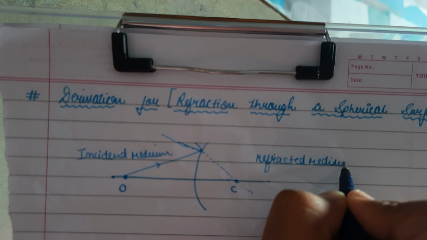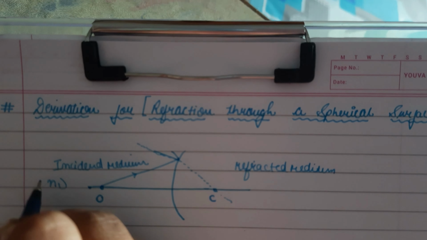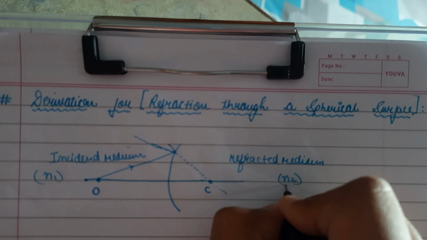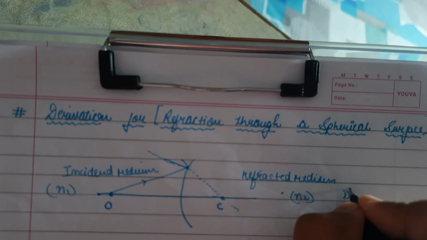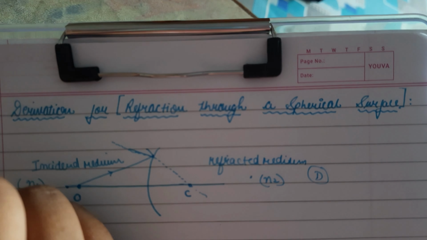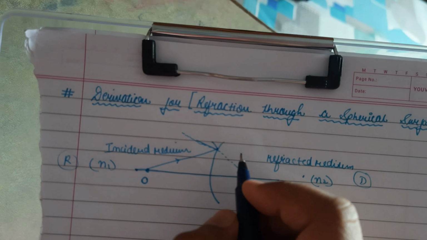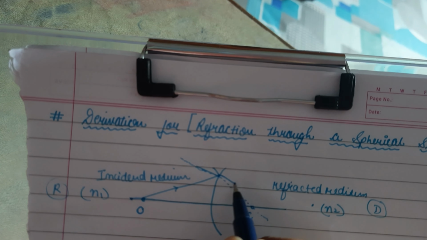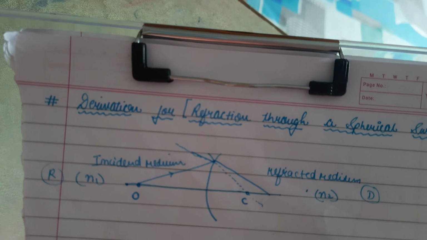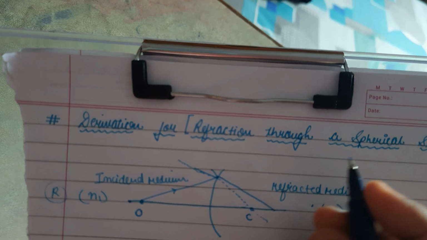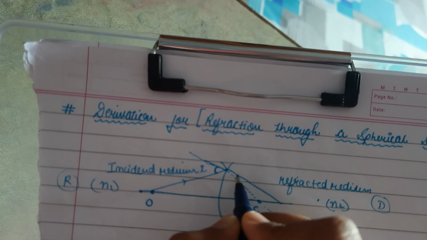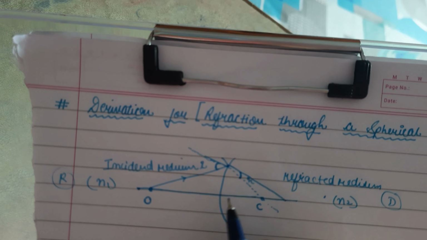That is, this is of n1 refractive index and this is of n2 refractive index. Now this is the denser medium, and this is the rarer medium. So now as the ray goes from rarer to denser, it will turn towards the normal and it will start following this path. Now this is the angle of incidence, this is the angle of refraction.